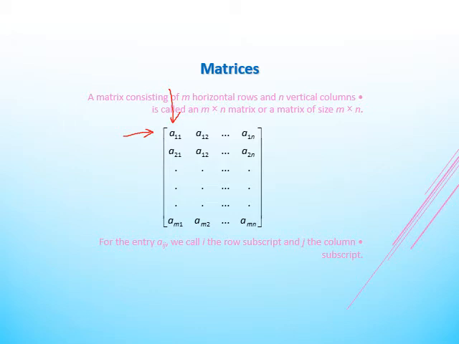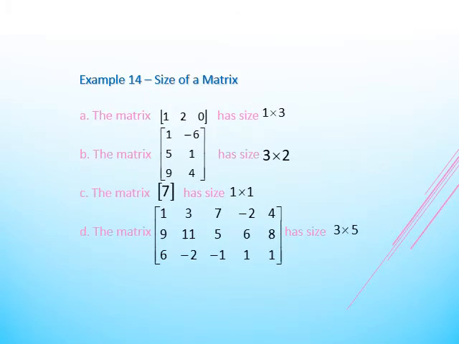The same goes for the rows: here is am1, which means we are in row m and the first column, up to amn. So the size of the matrix is determined by first the number of rows, then the number of columns.